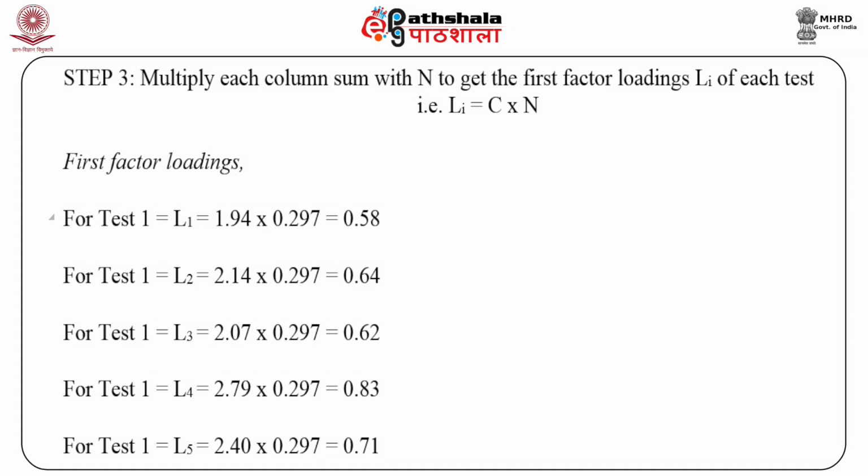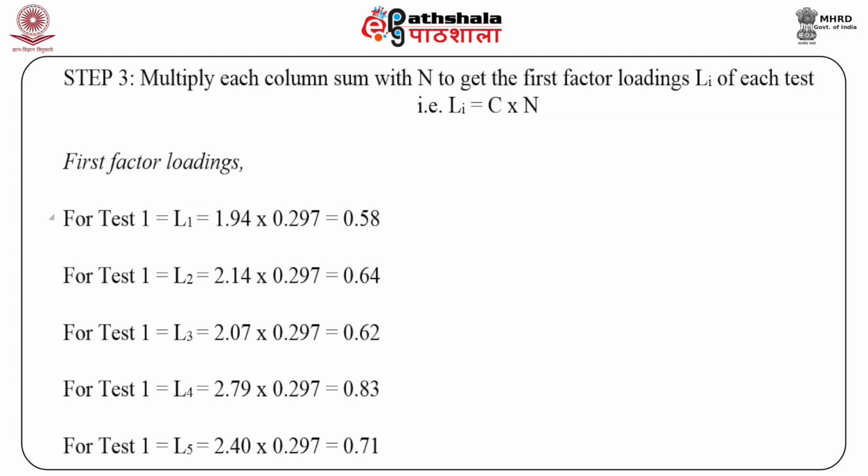For test 1, L2 is equal to 2.14 into 0.297, which is equal to 0.64. For test 1, L3 is equal to 2.07 multiplied by 0.297, which is equal to 0.62.